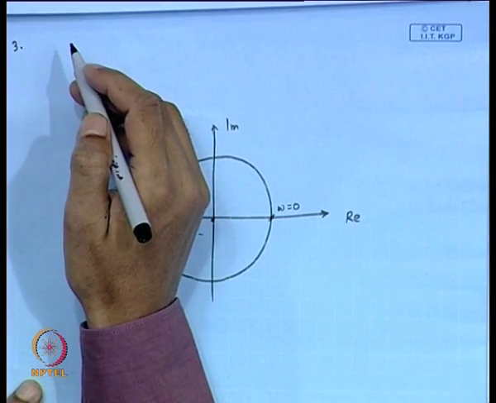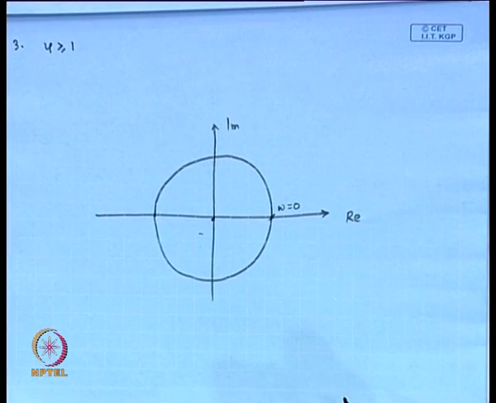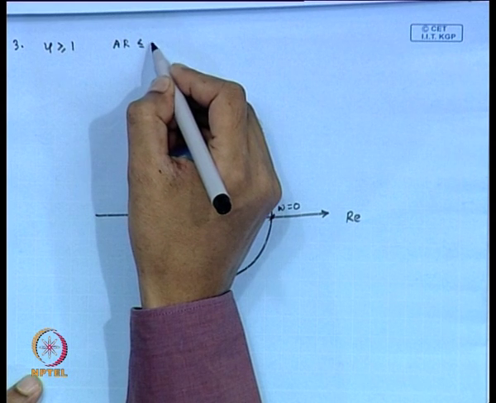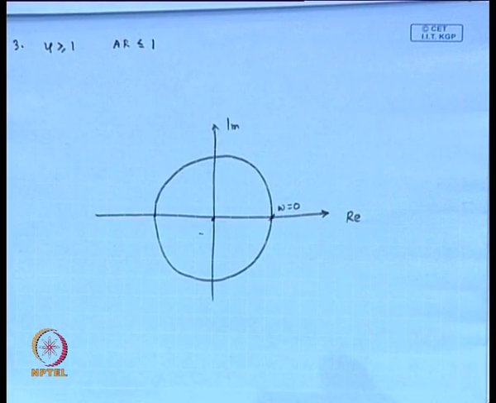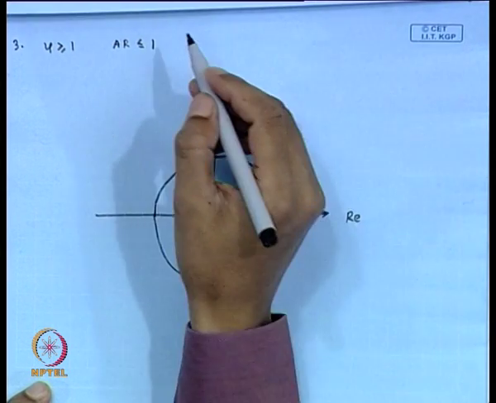See, here another parameter is involved, that is zeta. Fine. So, when zeta is greater than or equal to 1, amplitude ratio becomes less than or equal to 1. It is easy to test that when we consider zeta greater than or equal to 1, the amplitude ratio becomes less than or equal to 1. What it indicates?